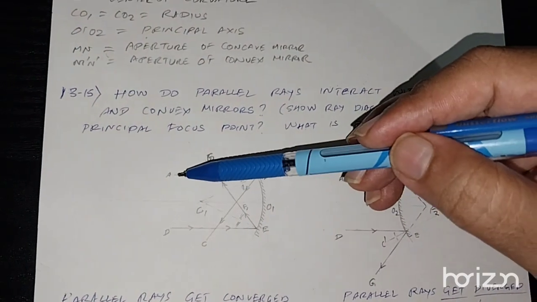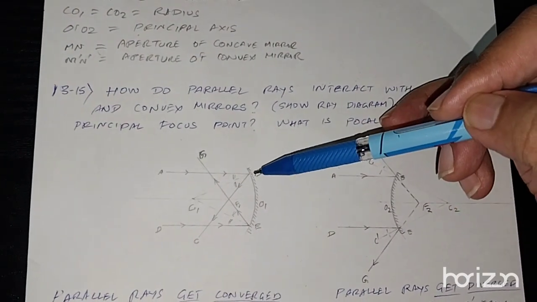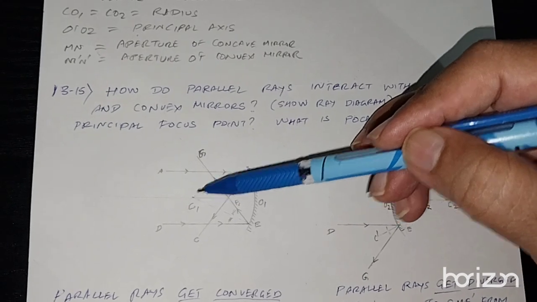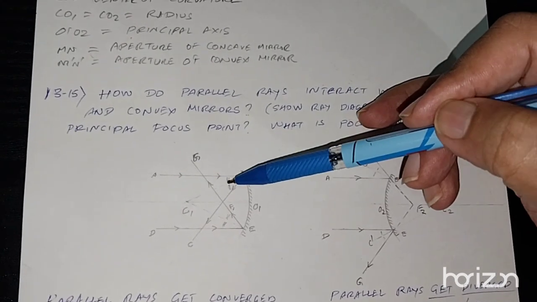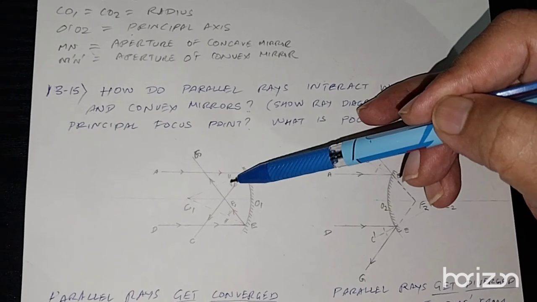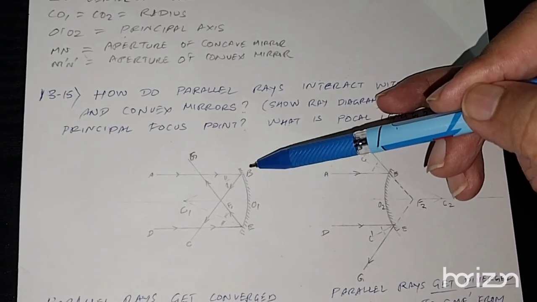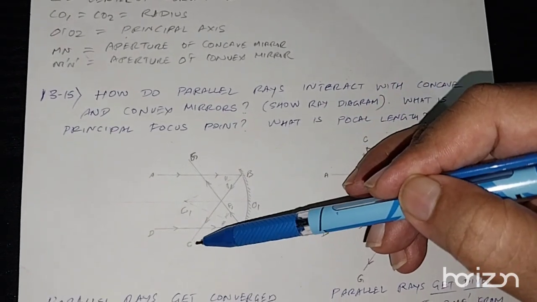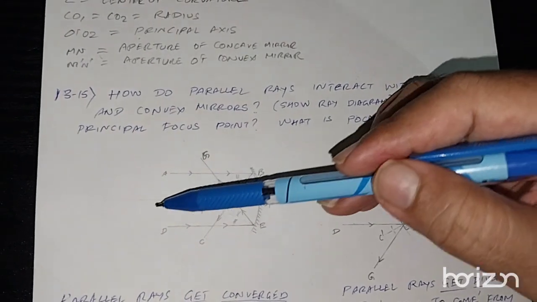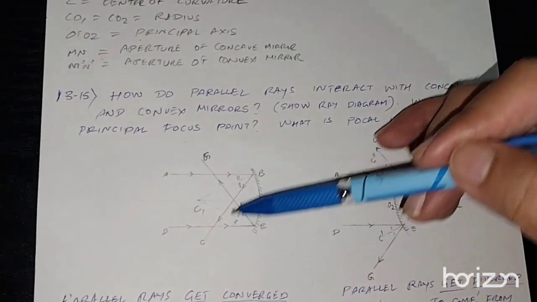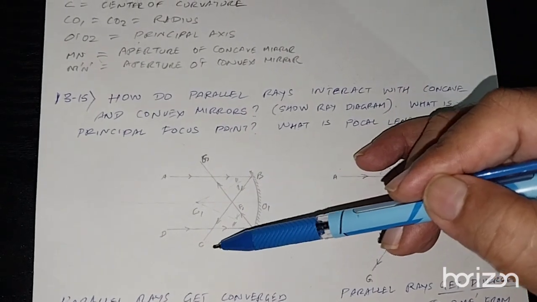It hits at B, and C1B is the normal at that point, so the angle of incidence is equal to the angle of reflection, and it gets reflected in the direction of BC. AB, which is parallel to the principal axis, gets reflected in the direction of BC.